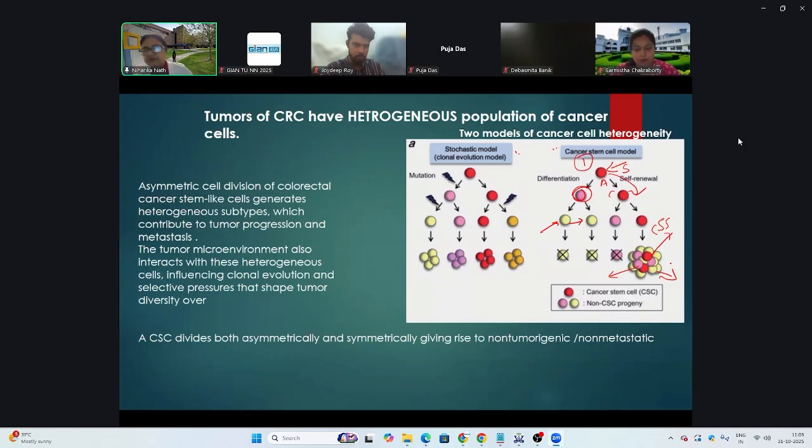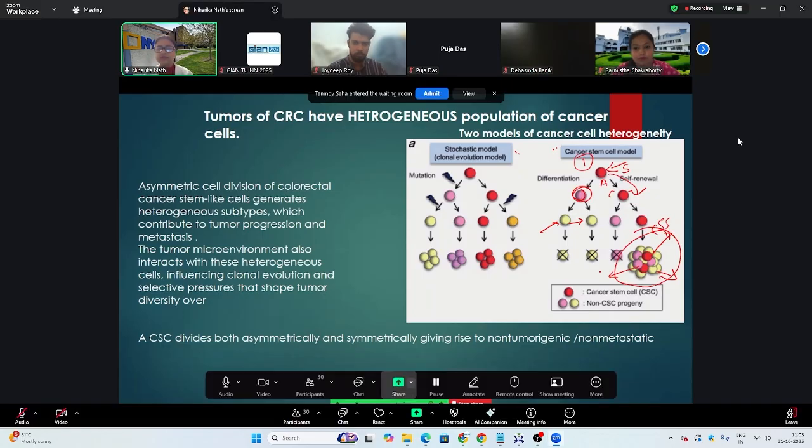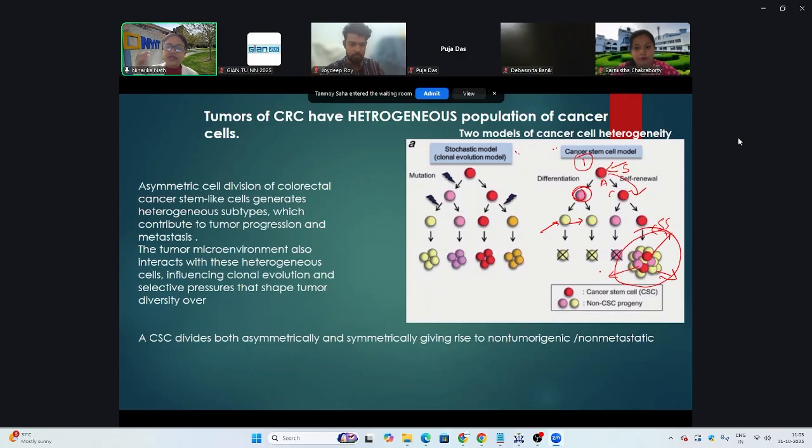A stem cell is the mother of all, that original cell that can become whatever it wants to, and it stays there, waiting to do its job. So you have a tumor that does not have exactly the same properties. That is the cancer stem cell model.